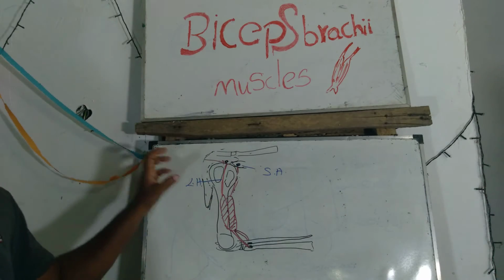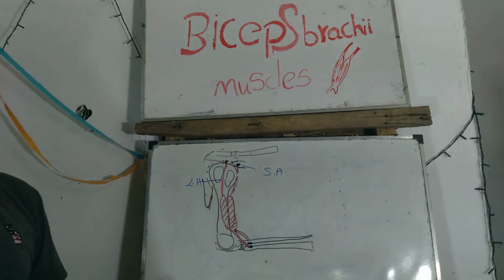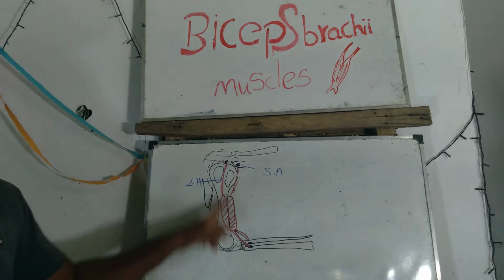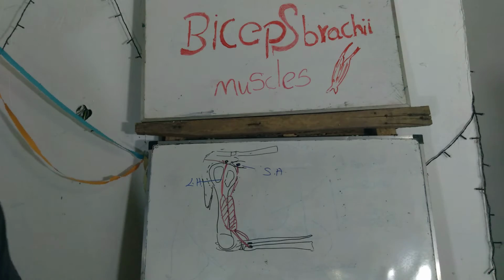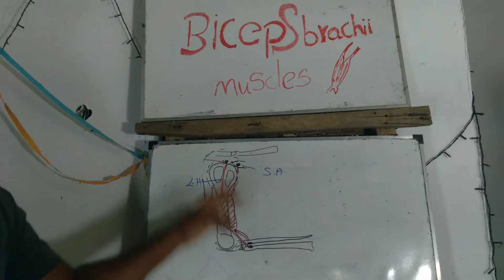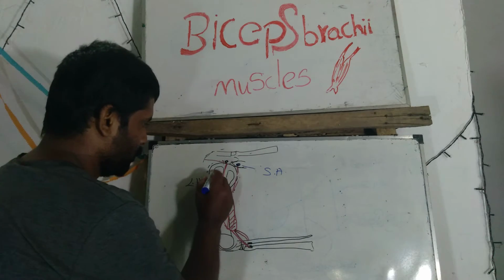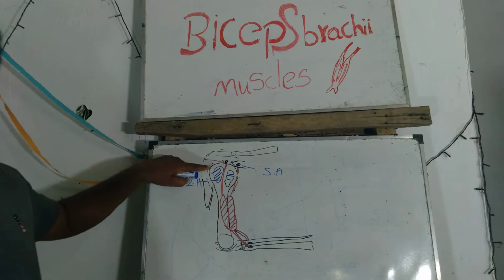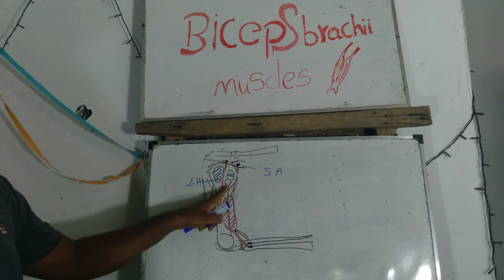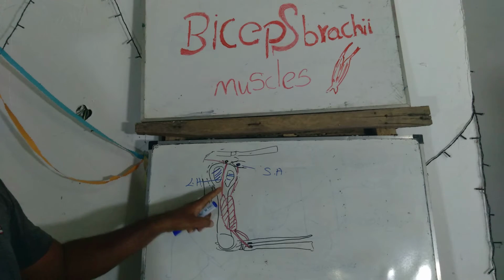There are two prominent places on the humerus: the greater tubercle and the lesser tubercle. The long head comes in between the two, in the intertubercular sulcus.